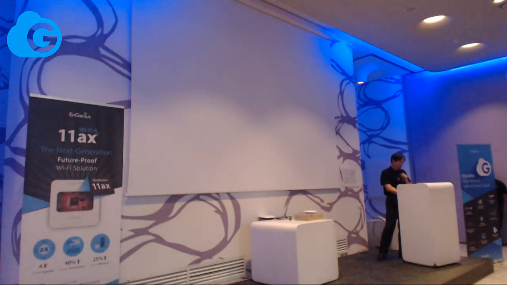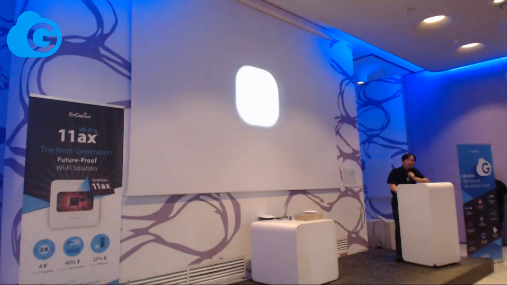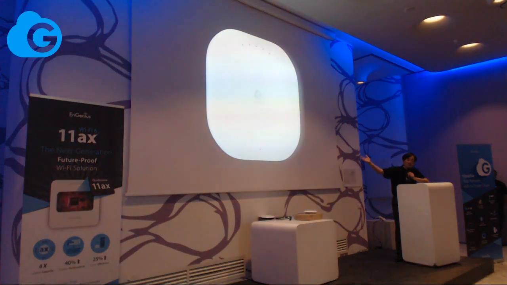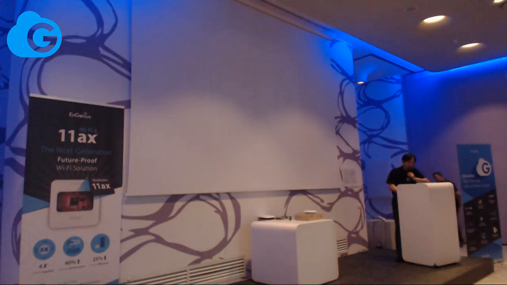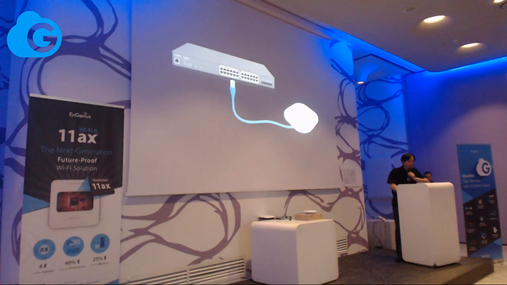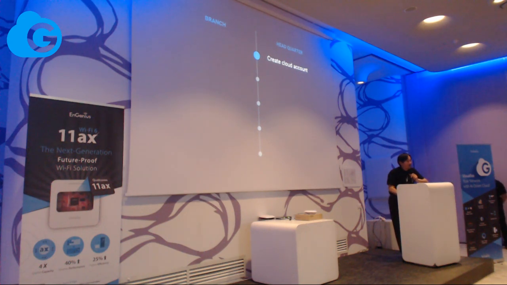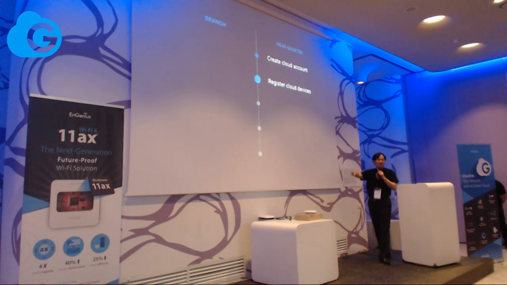So what we do here, we simply ship the box and then open it up. So this is the cloud device I'm using right now, and this is the back of the cloud device. And then what I did is simply plug it into a PoE switch. Someone out there just created our cloud account and then registered this cloud device in the cloud.